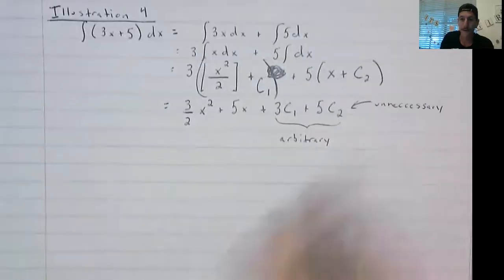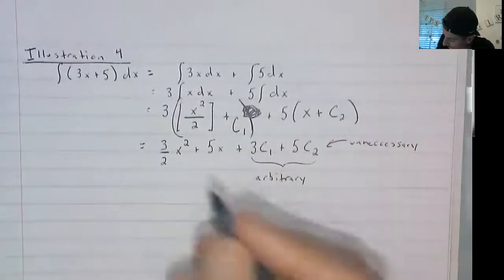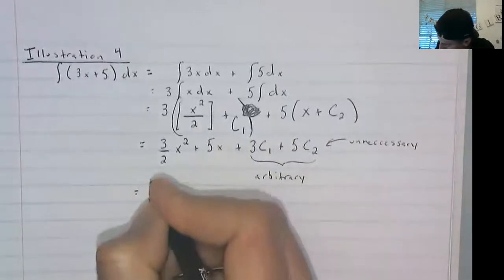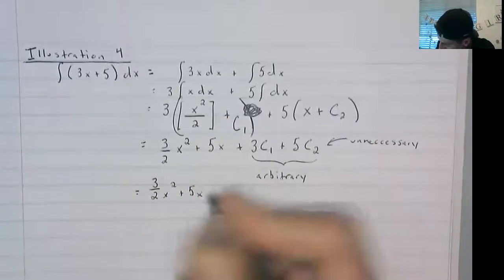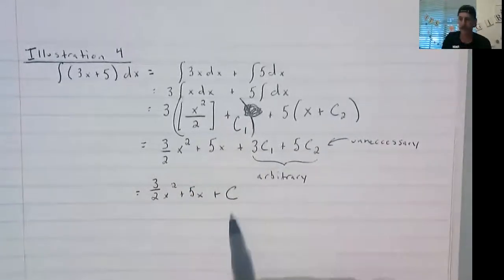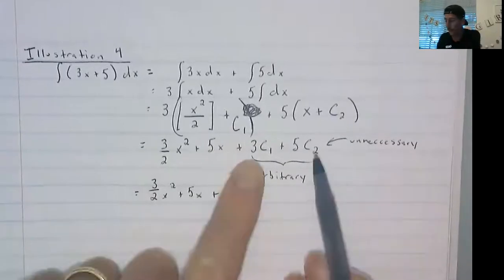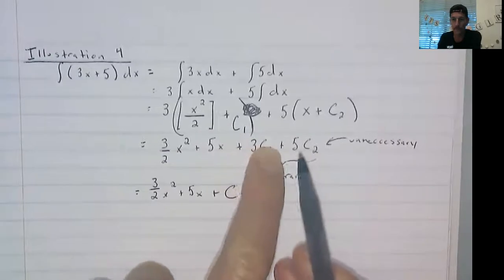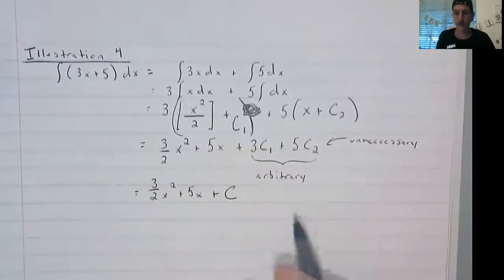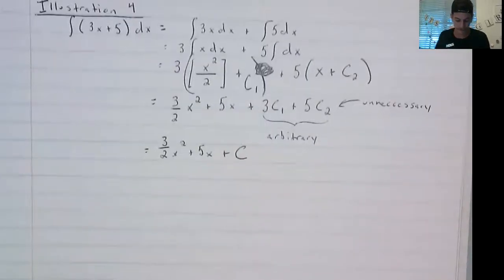And so we can, in fact, forego these separate constants and say that the antiderivative is just 3/2 x squared plus 5x plus c, just a single solitary c. If you want to think of it, this c is just kind of morphed from these two, but it's still just a constant, whether it's 3 times 5 or whatever, just a constant.